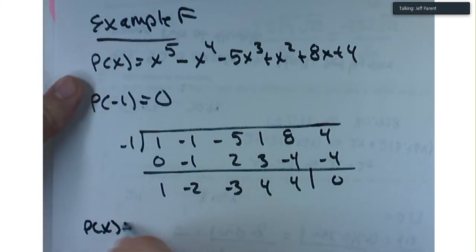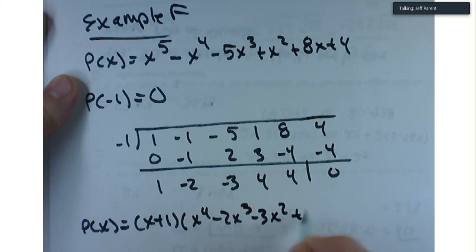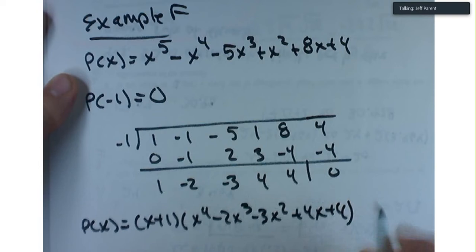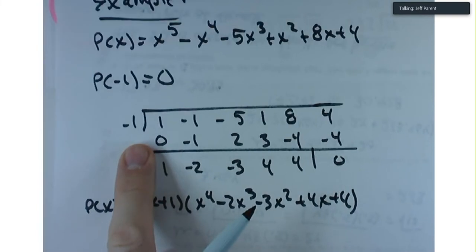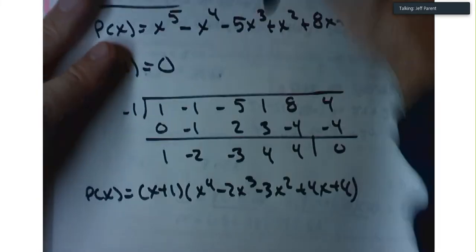It's now x plus 1 times x to the fourth minus 2x cubed minus 3x squared plus 4x plus 4. And I could do the same thing again with -1. But I don't need to. I'm going to get this all in one go. Let's do this the easy way. So let's take out our root.